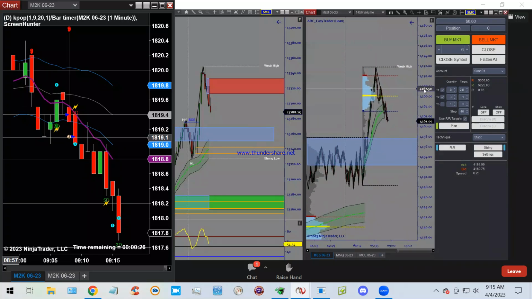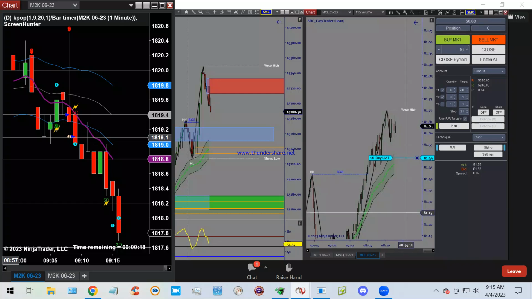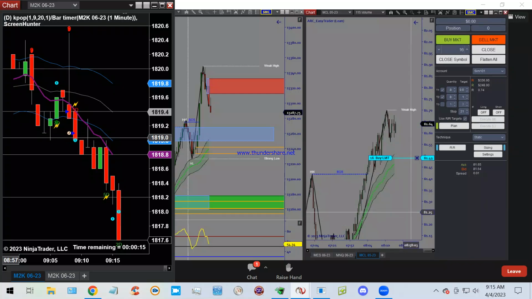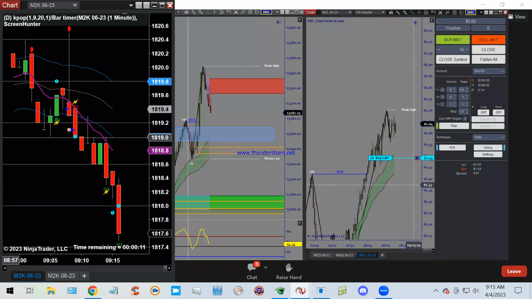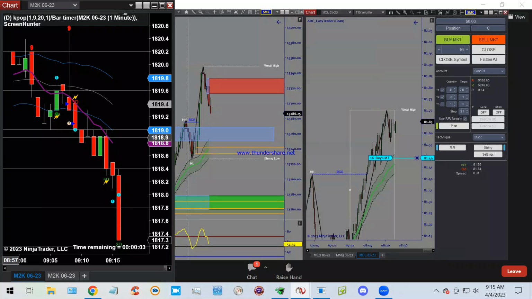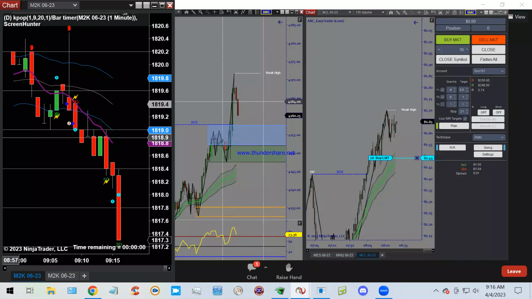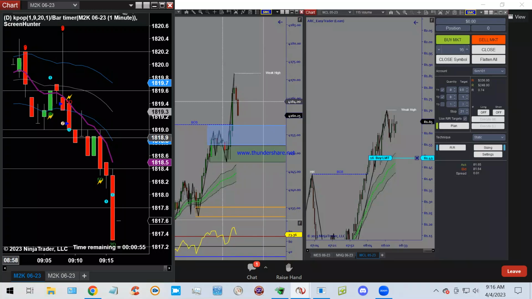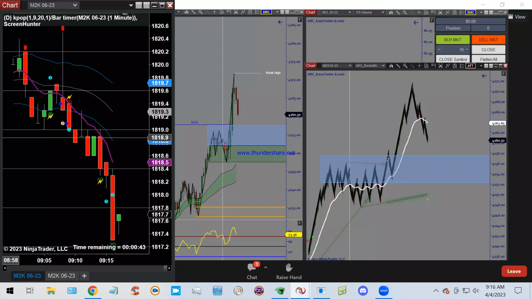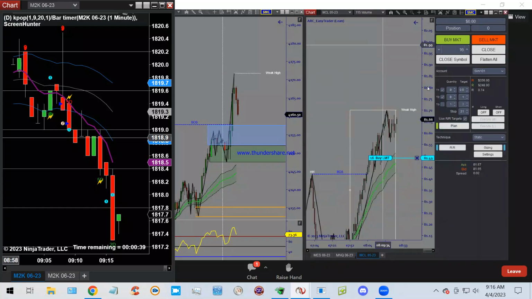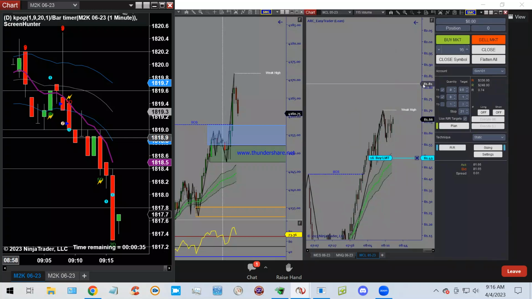Equities coming back deeper. Waiting for the pullback.